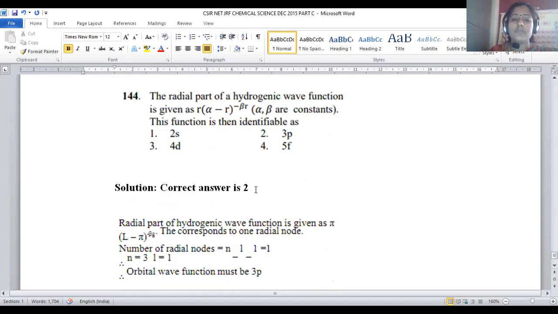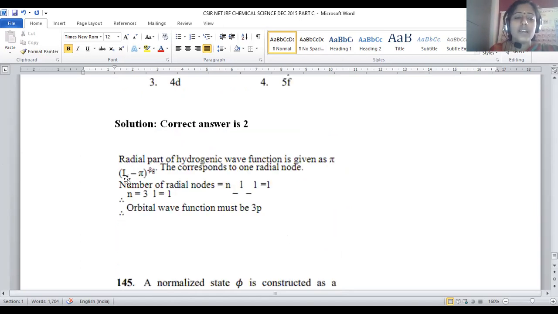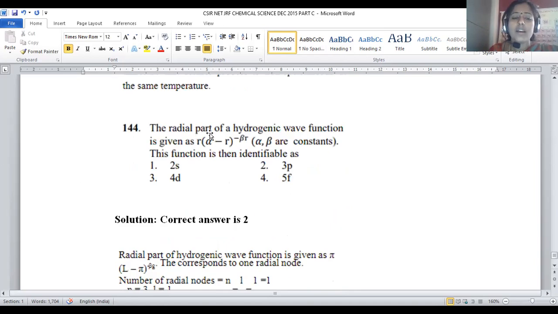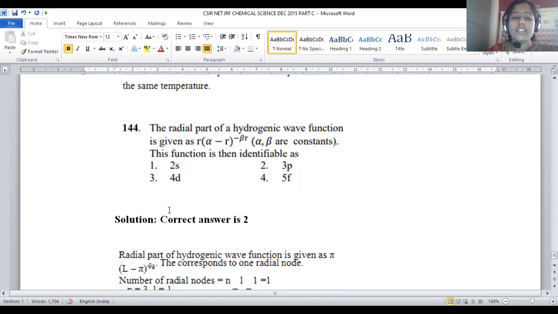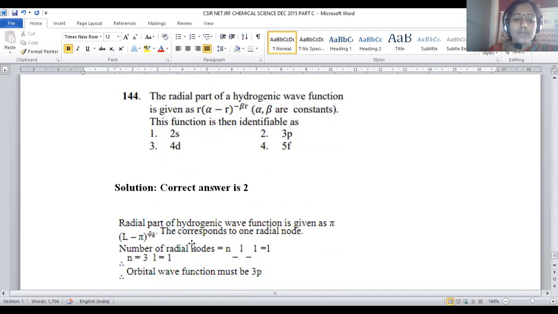So this is a question from quantum theory, right? The radial part of the hydrogenic wave function is given as r into alpha minus r, e to the power minus beta r. This corresponds to one radial node.